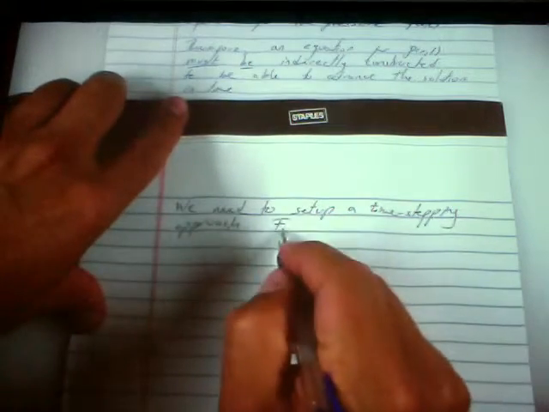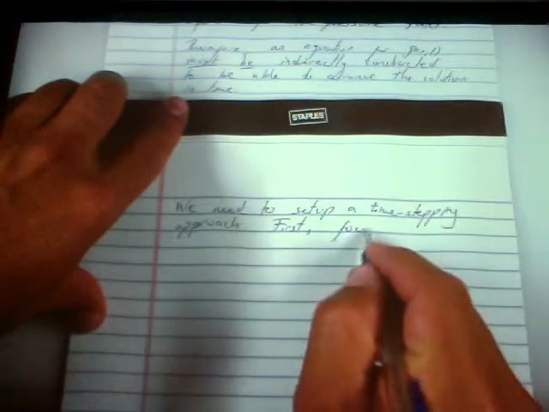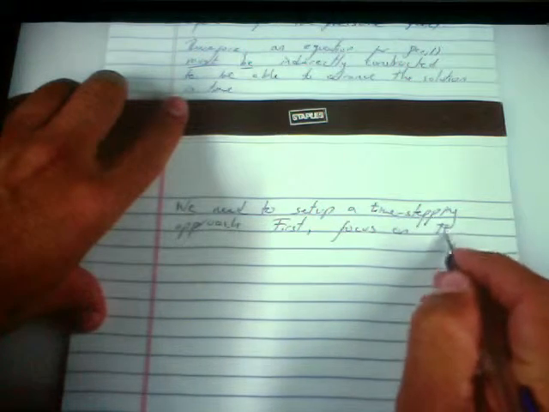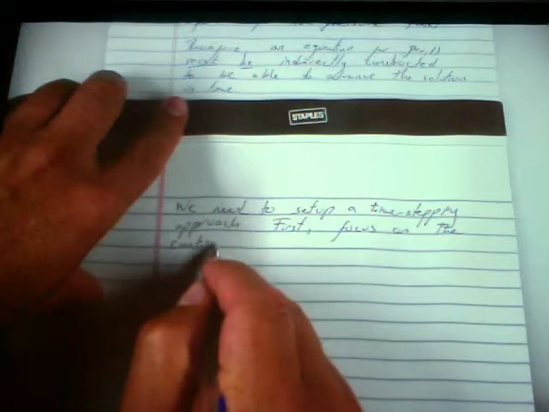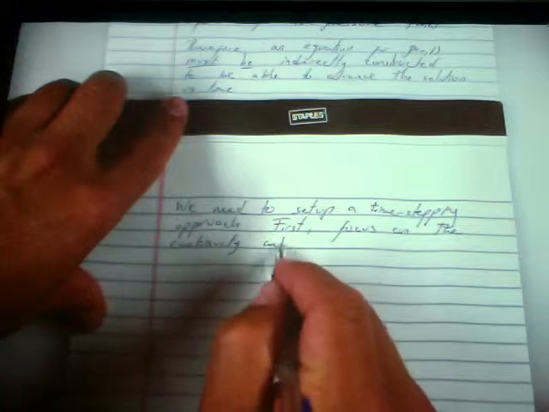First, focus on the continuity and momentum equations.